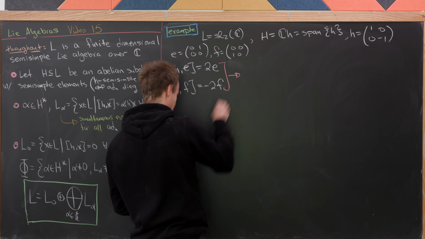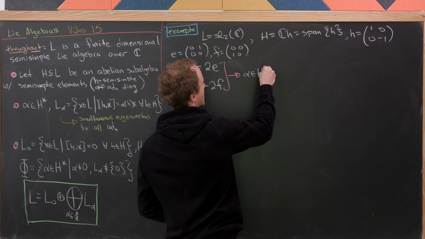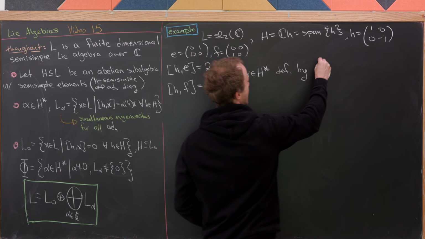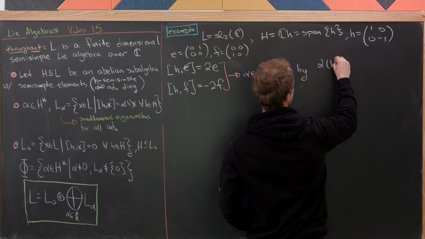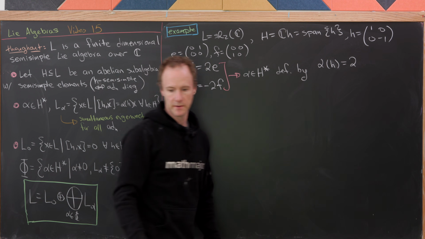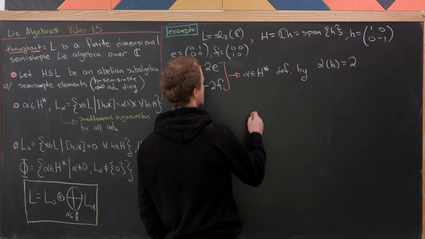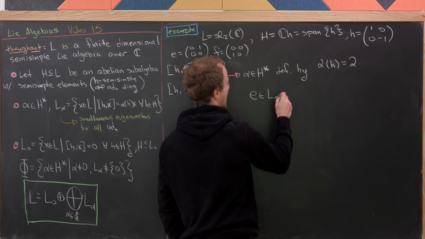So perhaps now we'll define alpha in H star by alpha evaluated at H equals 2. Let's notice that E is in fact an element of L alpha here.